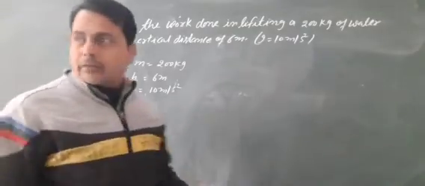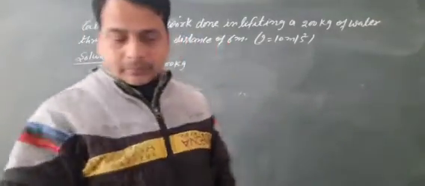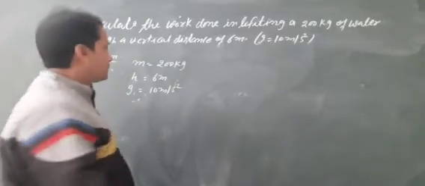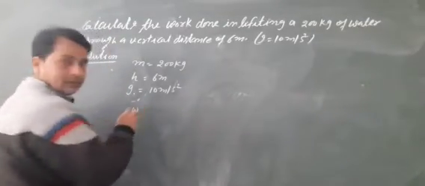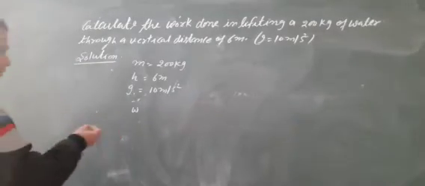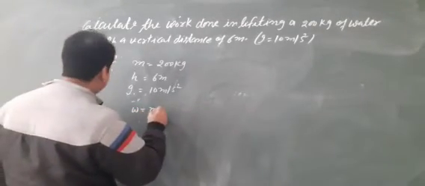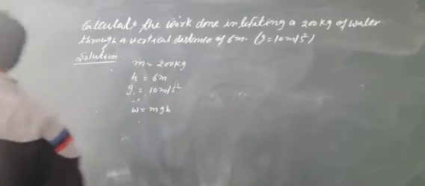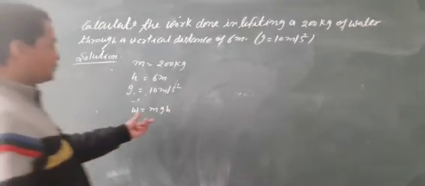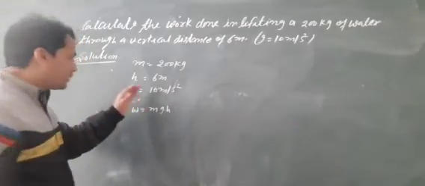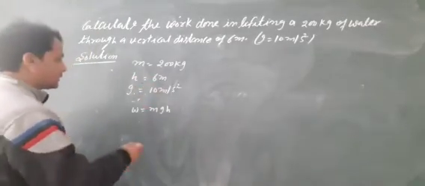So we know that work done W equal to m into g into h here. So put the value of mass of water, given here as 200 kg.